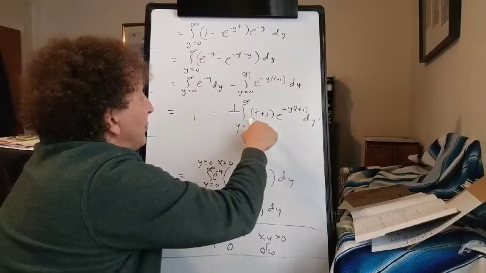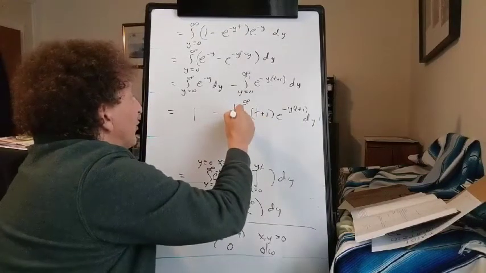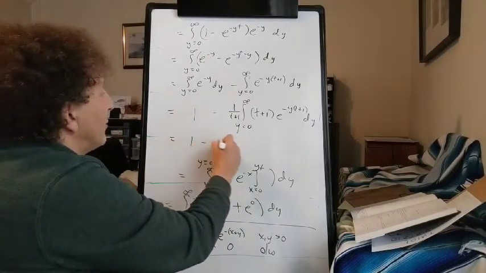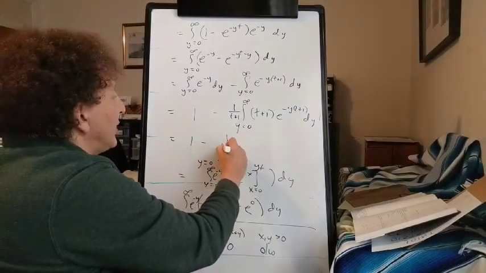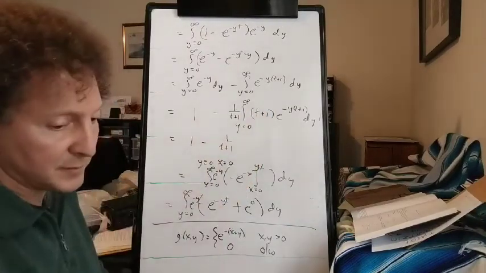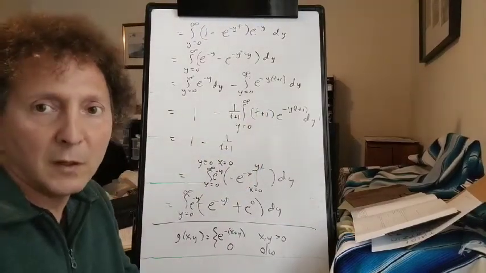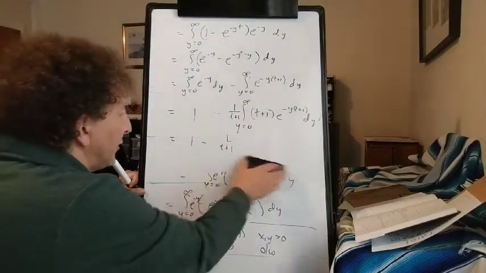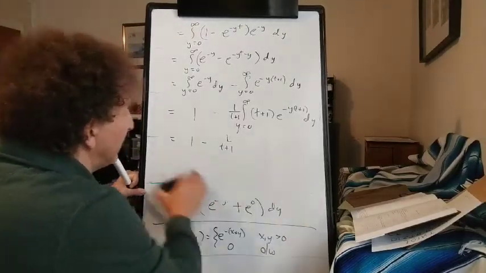So I multiplied by t plus 1 on the inside, I'll divide by t plus 1 on the outside. And we get 1 minus 1 over t plus 1, and this is just 1. So this is our cumulative distribution function for t.